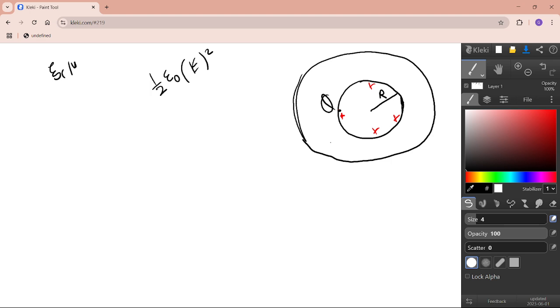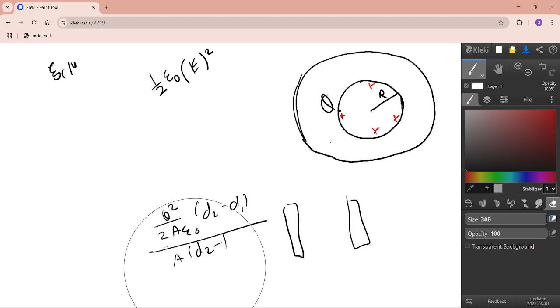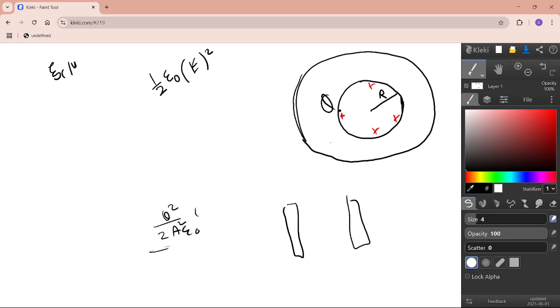Wait, yeah, I'm still a bit confused. You take this force q square upon 2 epsilon naught, and the displacement is this, and the area is this, and you divide, and it becomes q square upon 2 a square epsilon naught, plus half epsilon naught q upon a.